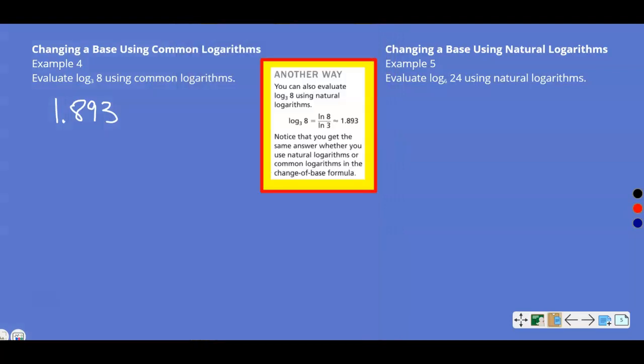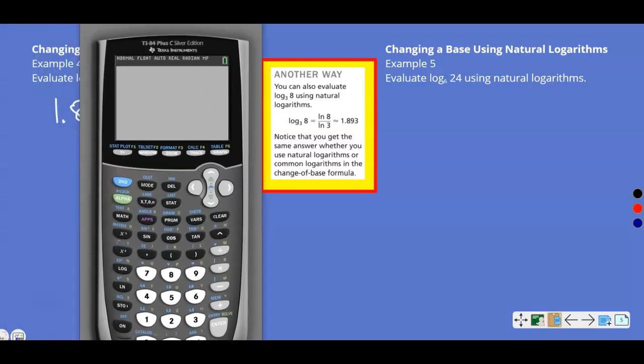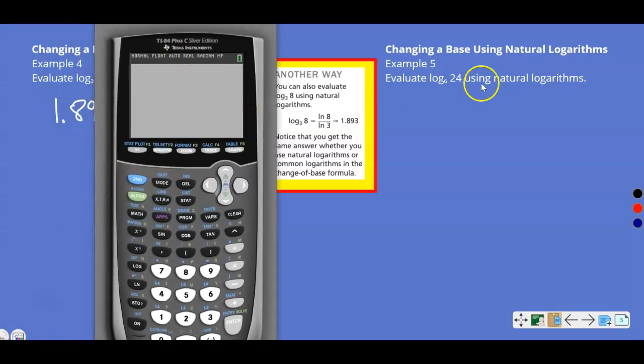And again, there's multiple ways that you can do this. I've just shown you 3 different ways you can do it using this calculator. But it's asking us to use the natural logarithm. So we know we're going to do ln of 24. So the natural log of 24 divided by the natural log of 6.